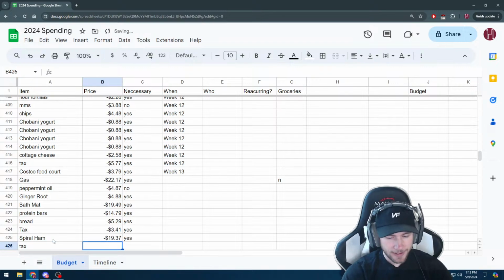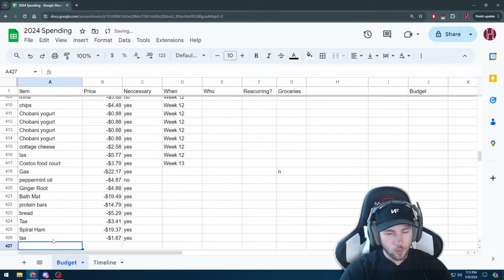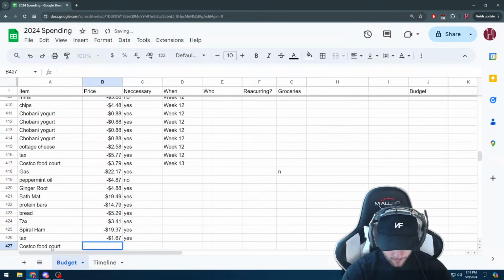Except, of course, tax, which was a whopping 1.67. We thought we were getting a sub $20 ham. We didn't. With $21 ham at the end. And, of course, you already know Costco Food Court. 3.79.